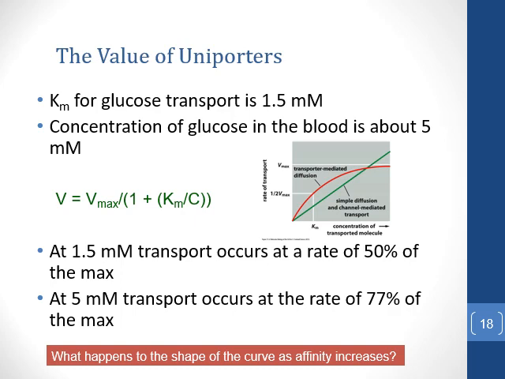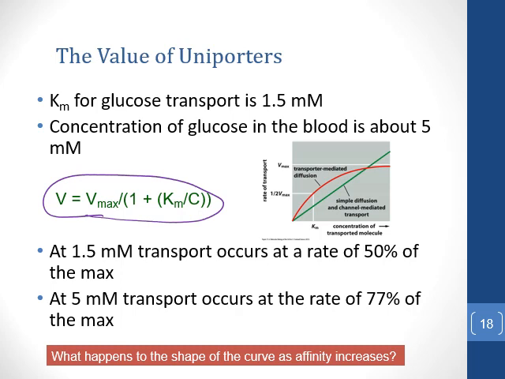Now we can actually calculate the rate at which it transports a molecule by using this formula right here. The velocity at which it transports a molecule across the membrane is equal to the Vmax divided by 1 plus the affinity over the concentration.